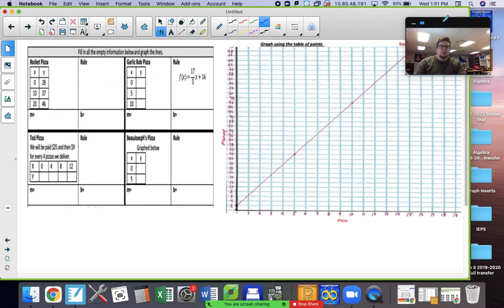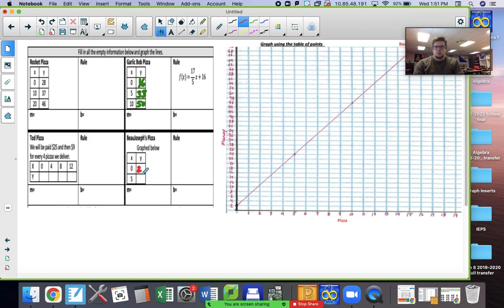So here's my graph. I'm going to go back and fill in our tables with the data that we have. This one's 16, 33, 50. Bo Joseph's, well, now that I have a chance, I'm going to change it to red to match my lines over here.